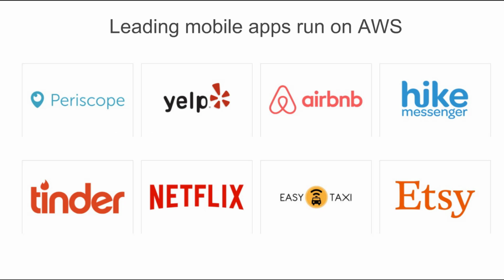So let's get started. Okay, so I'd like to talk to you about some of the customers of AWS. A lot of newcomers say, oh, who's using AWS? Who's using mobile? Here's a good example of some of the larger mobile apps out there: Periscope, Yelp, Netflix, Tinder, that are using a lot of the features that we're going to talk about, like S3 and Cognito and Gateway and some of those microservices technologies.